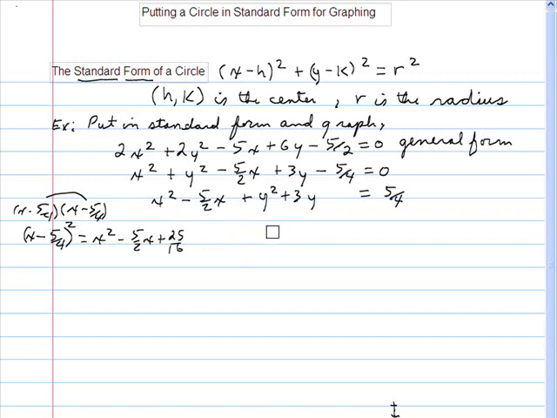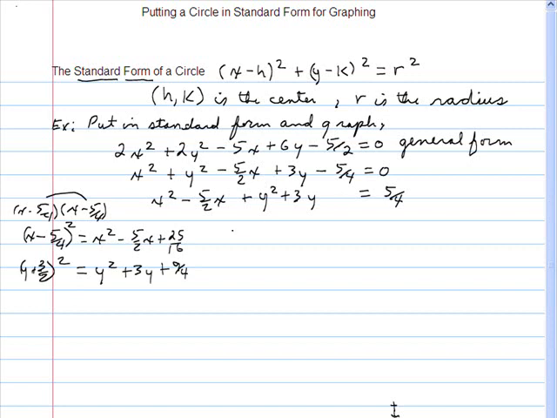Now let's take a look at what the y perfect square would look like. Again, I go to the y term, not the y squared term, and I cut its coefficient in half. That would be 3 halves, so (y plus 3 halves) is going to be my second perfect square. When I square that, I get y squared plus 3y, and just as before, plus 9 fourths. I don't have a plus 9 fourths there.